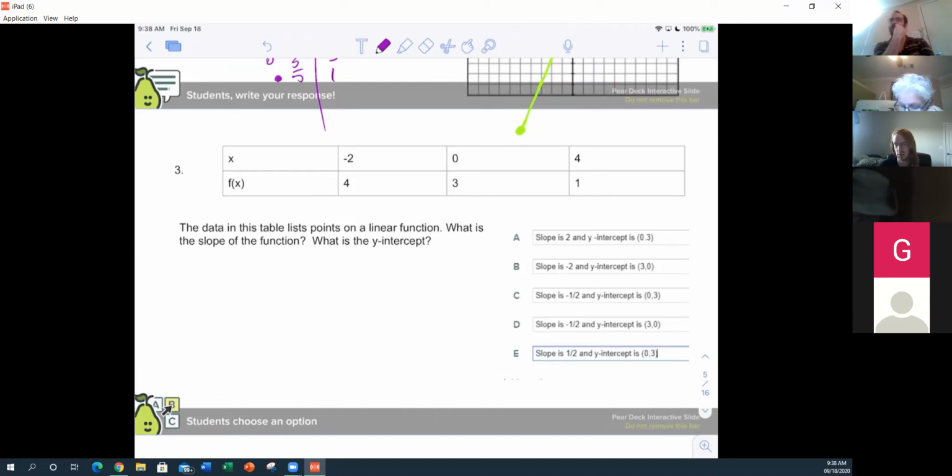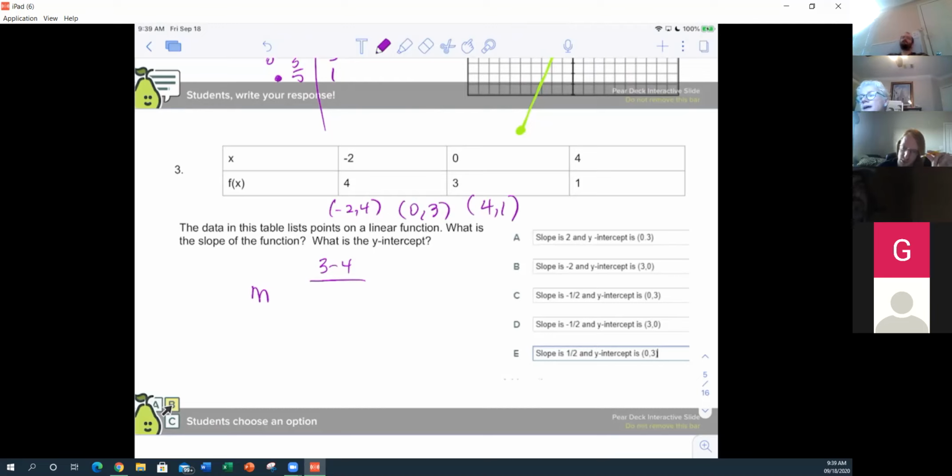Okay, so how do you find the slope here? You subtract 3 and then 4, and then 1 and 3. Okay, the points here are -2, 4, 0, 3, and 4, 1, right? And they tell you this is linear, so you don't have to prove it.